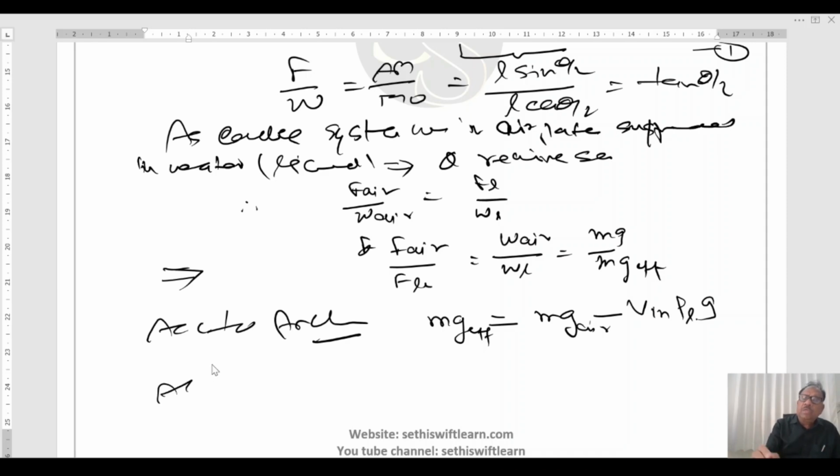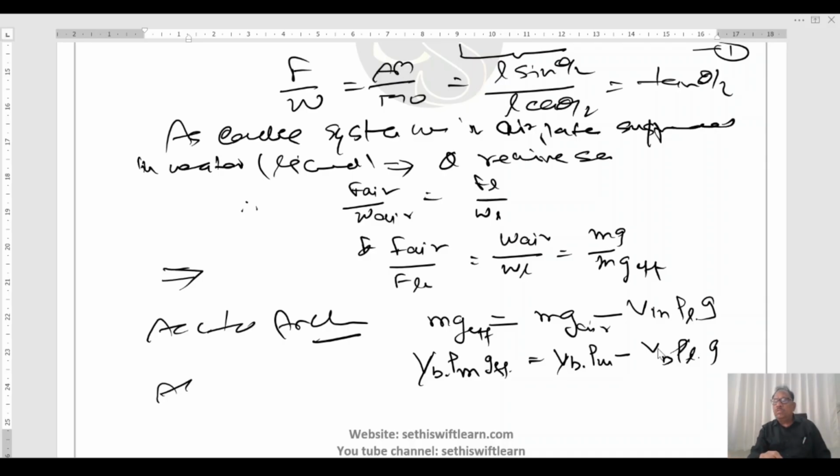As it is dipped completely, so that will be same. Volume of body into density of material of the body, G effective, equal to volume of body into rho m minus Vb rho L into G, density of liquid.